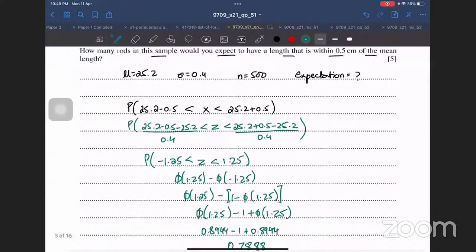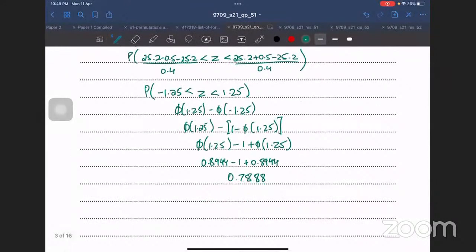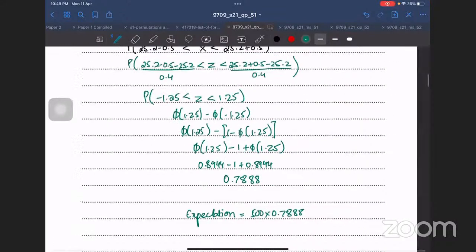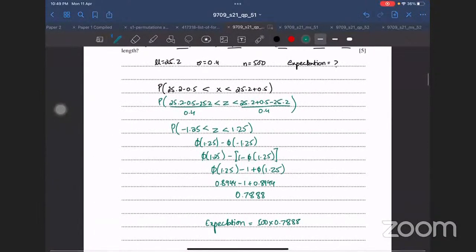Okay, then the question is about finding the expectation. So I multiply this probability with 500. That's important because that is the only way to get all the marks in the question.